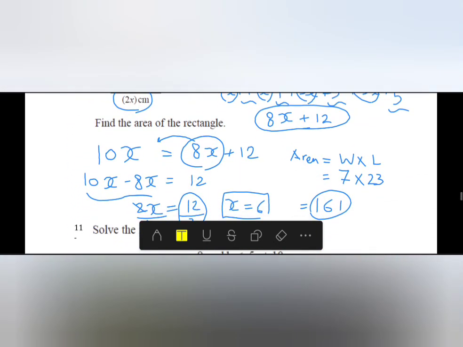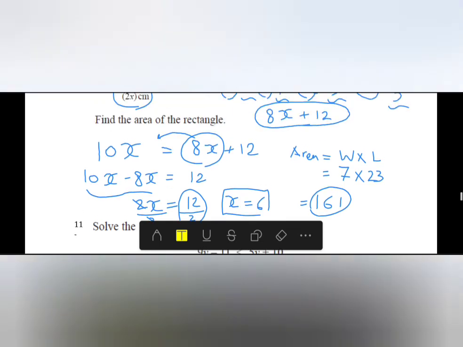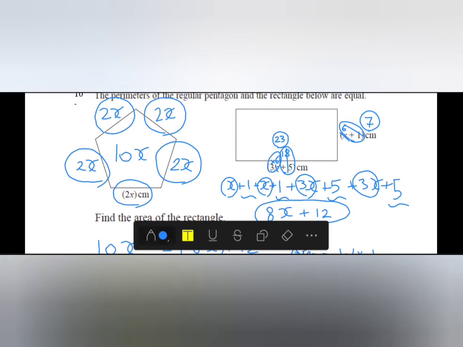After making them equal, we took the 8x to the other side by subtracting, and then 10 minus 8 equals 2x, and then 2x equals 12. We divided both sides by 2, and we end up with x equals 6. After that, we take the 6 and then found these sides by substituting the value of x with 6.